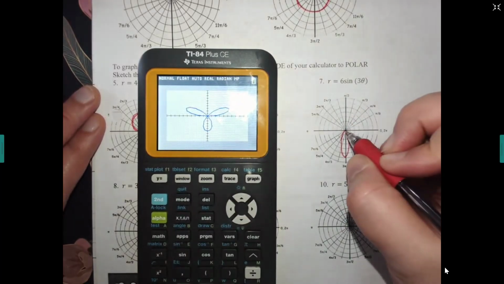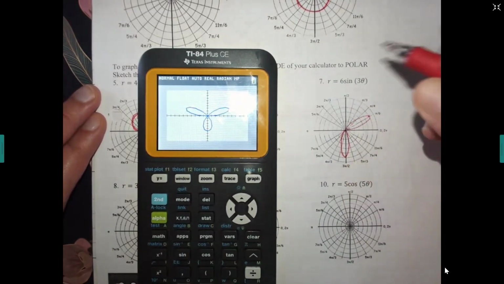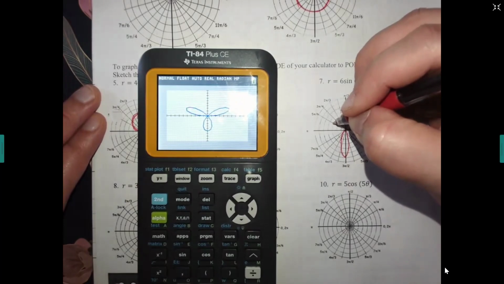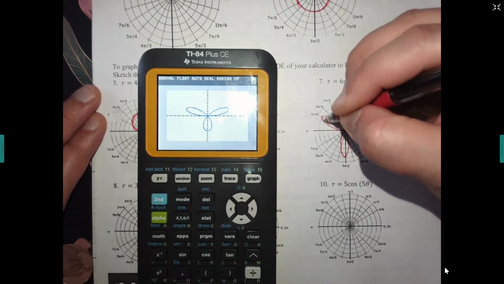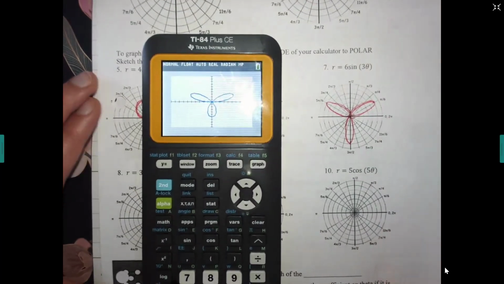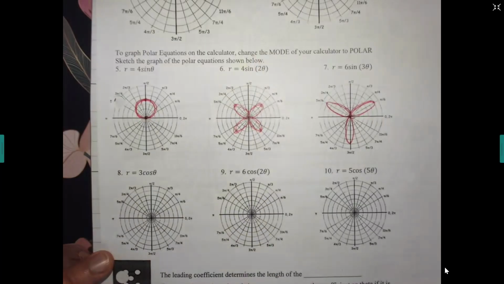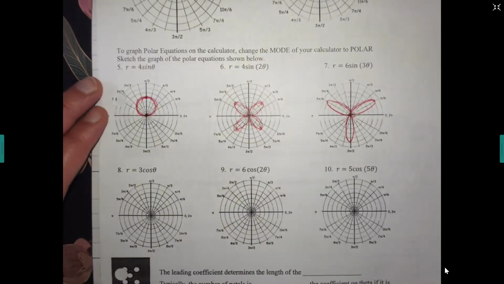And then you'll count out 6 this way, and then 6 for the third. Okay, but when you graph these on your calculator, it's pretty easy because you could just pick the number of petals that you want and kind of stretch the graph.